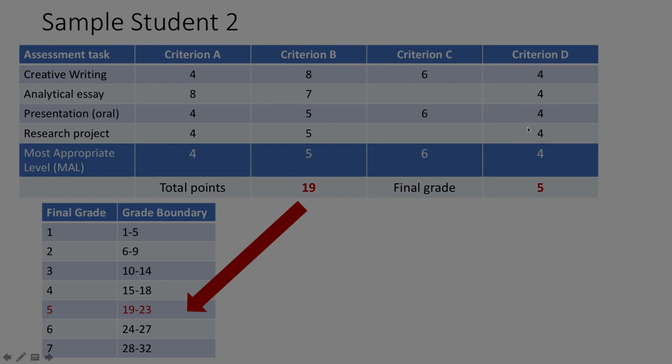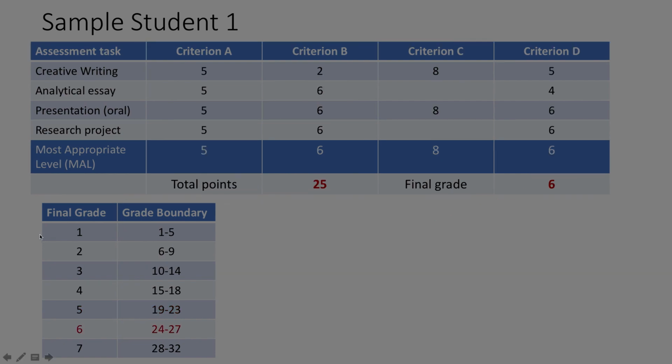And similarly here with 4 4s, of course, the student has to get a 4 for their most appropriate level. And then the teachers need to add up all these numbers, and here the total is 19. And then we need to look at the grade boundaries, and you can see that 19 is the lower end for a grade of a 5. And so the student's final grade here would be a 5.